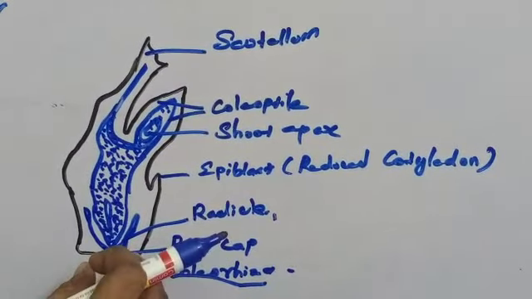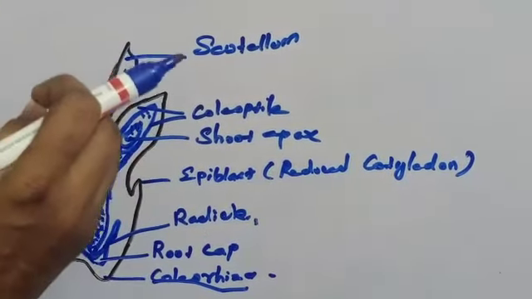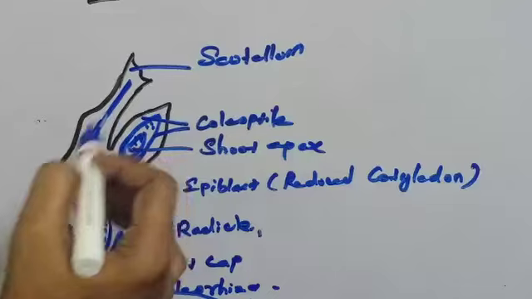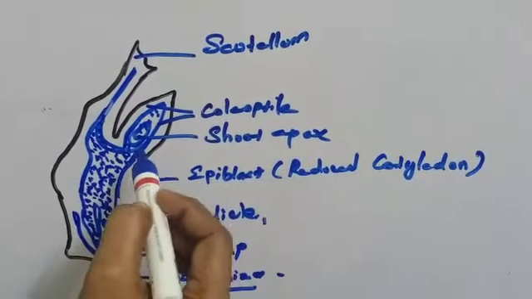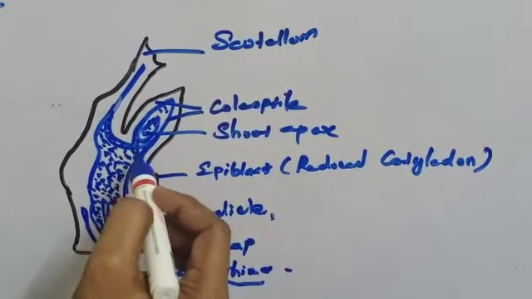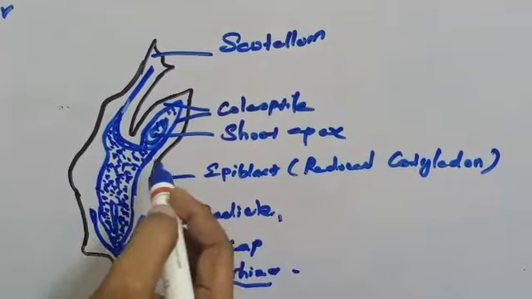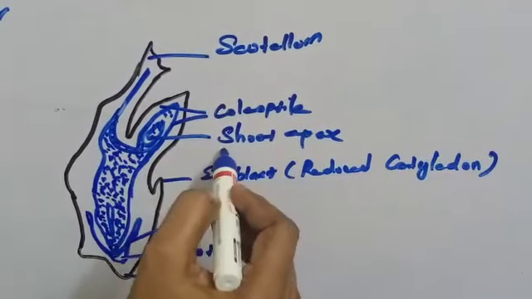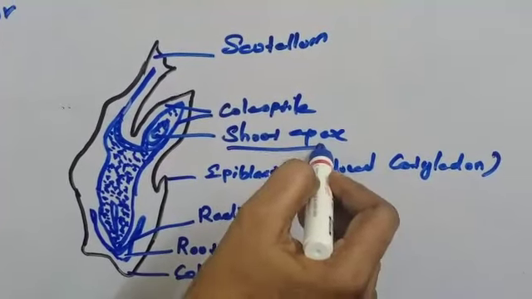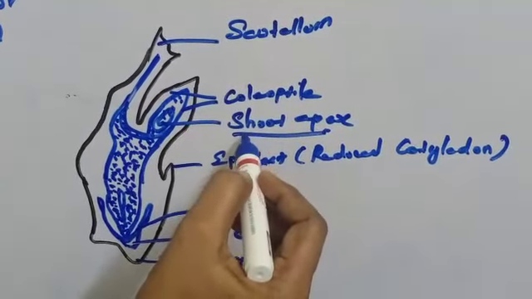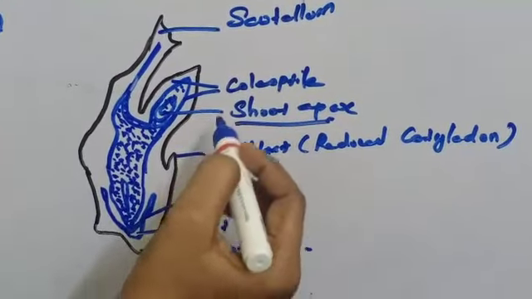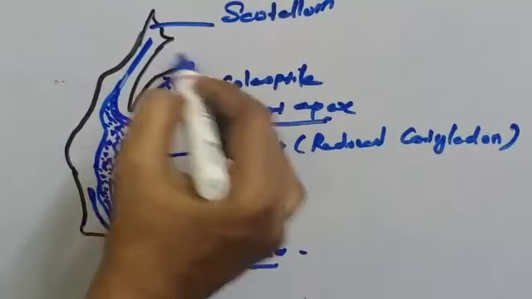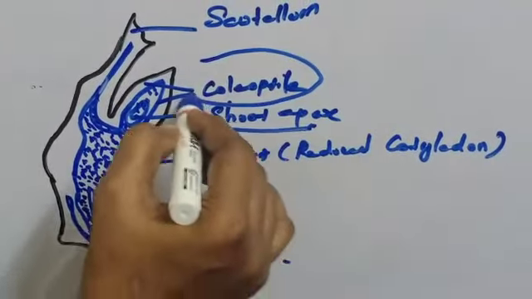The portion above the embryonal axis, at the level of attachment of the scutellum, is called the epicotyl. This epicotyl has the shoot apex and a few leaf primordia enclosed in a hollow foliar structure called the coleoptile.